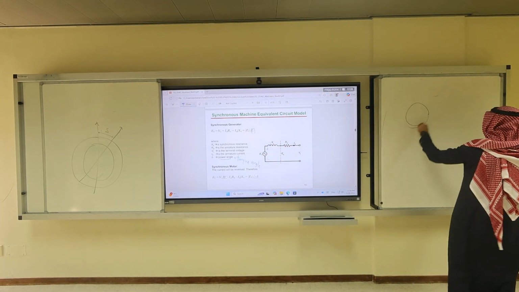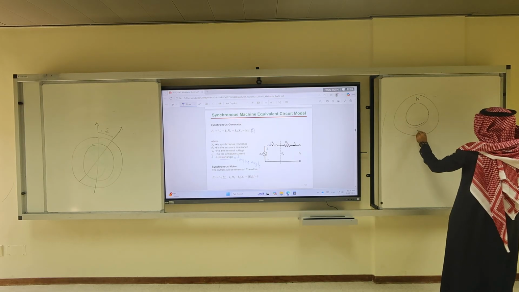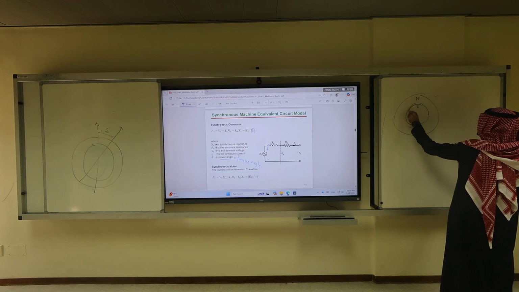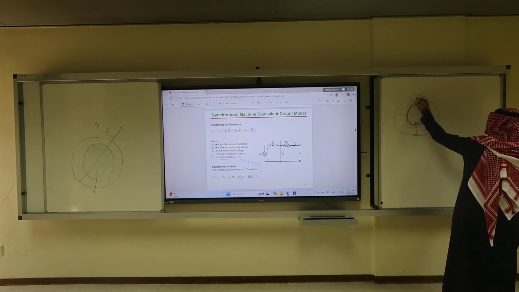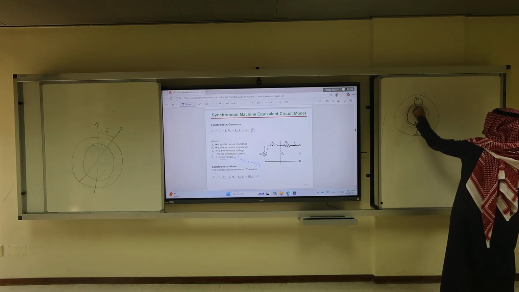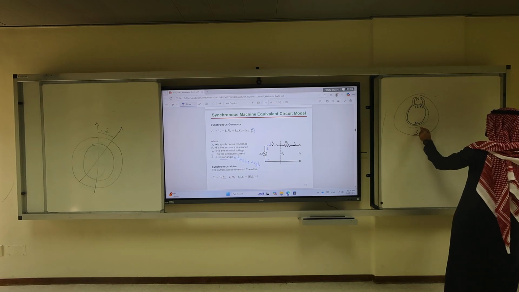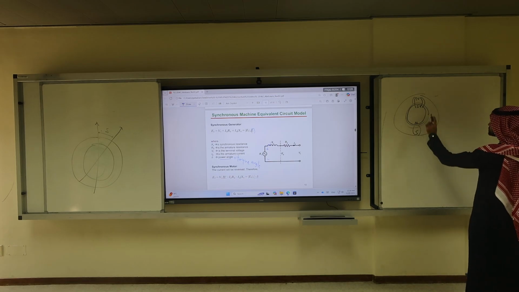This is the rotor. This is the stator. North, south, south, north. This is the air gap, okay? This is north to south, north to south. Now this delta is zero, for now. Then this rotates.